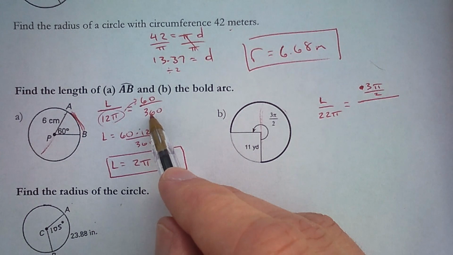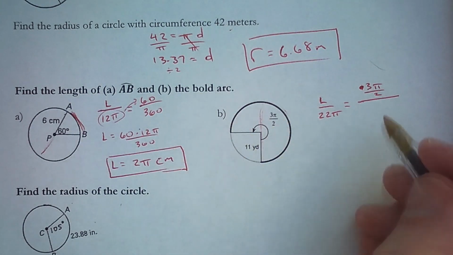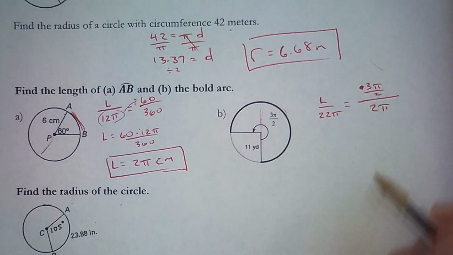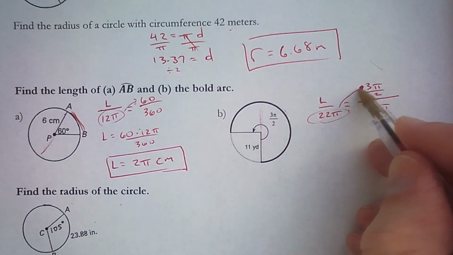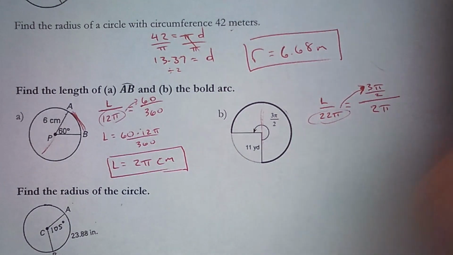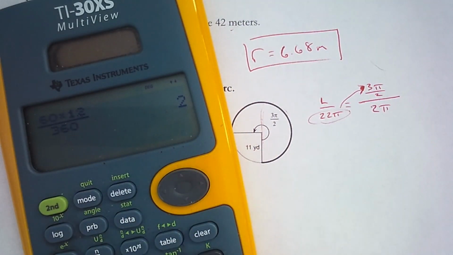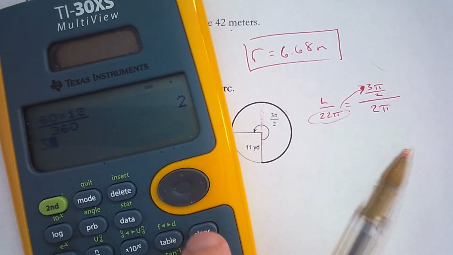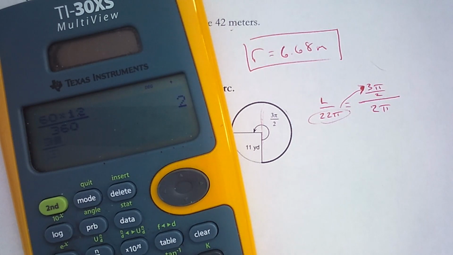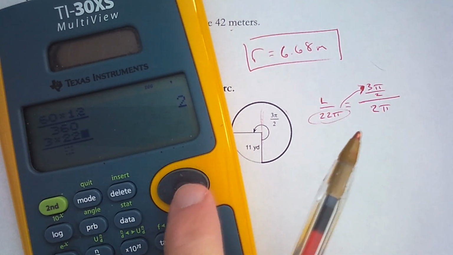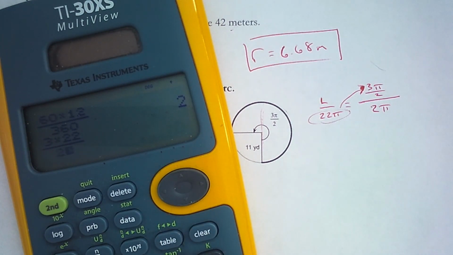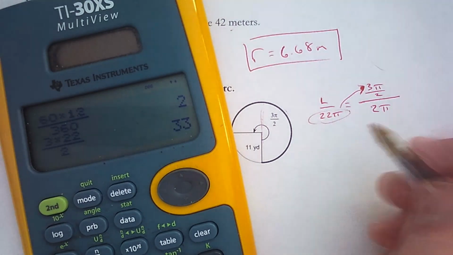Here in degrees, we did 360. All the way around the circle is 360 degrees. In radians, that's 2 pi. So I'll multiply this across. So I have 3, I'll clear that out and make it a fraction. 3 times 22 over 2 is 33.